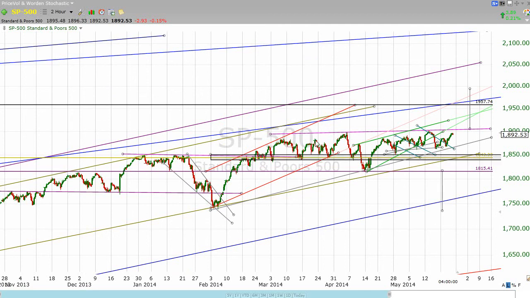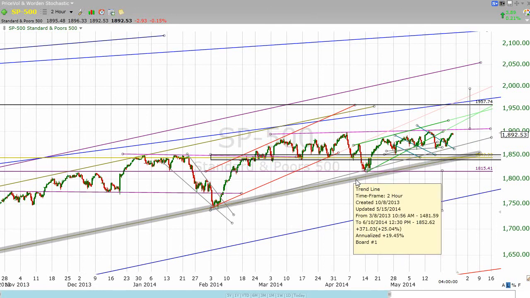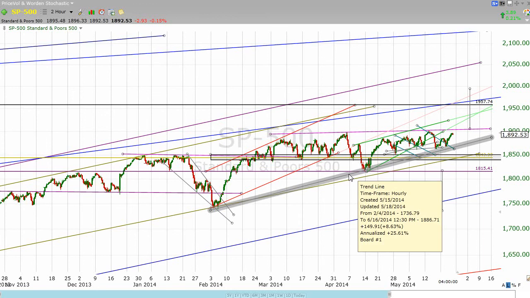We did have some twists and turns, but we didn't have them to the degree that we have been seeing them lately. Finally, just one more thing to add. We do have rising trendline support right here, and we've got rising trendline support right here.